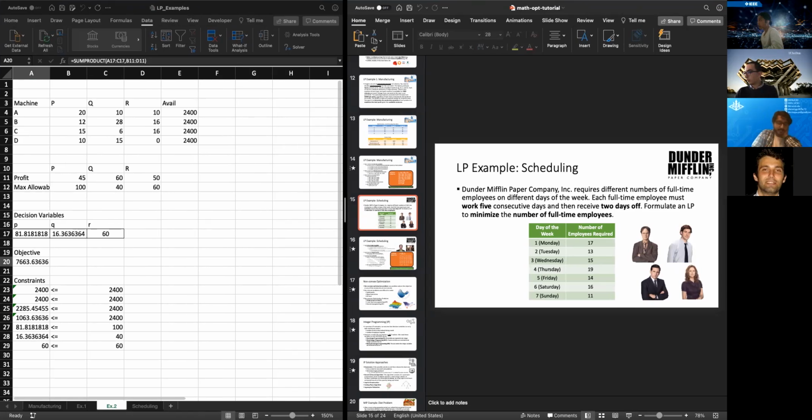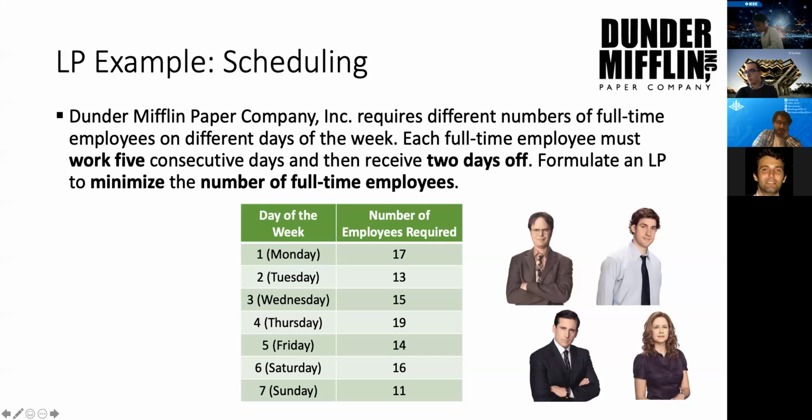All right. So this seems a rather simpler problem. If you're an Office fan, maybe you will be happy with this problem. Dunder Mifflin Paper Company. As the boss of this company, we require different numbers of full-time employees on different days of the week.